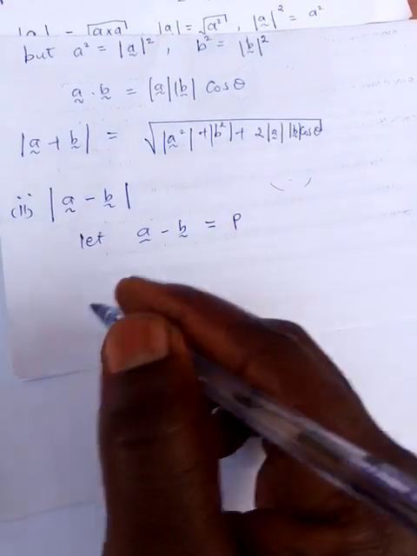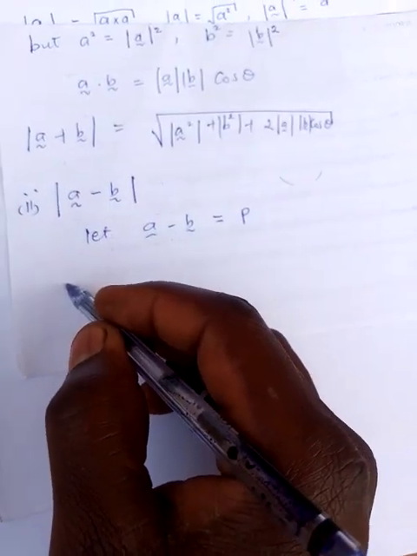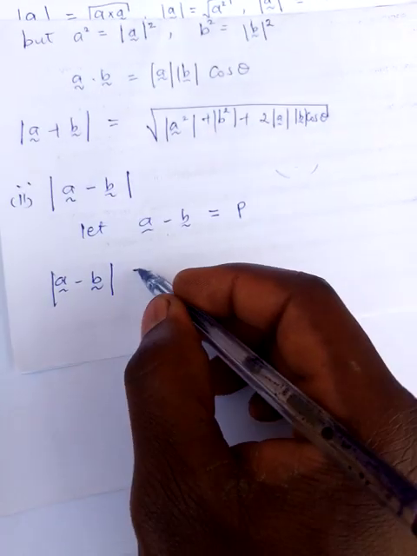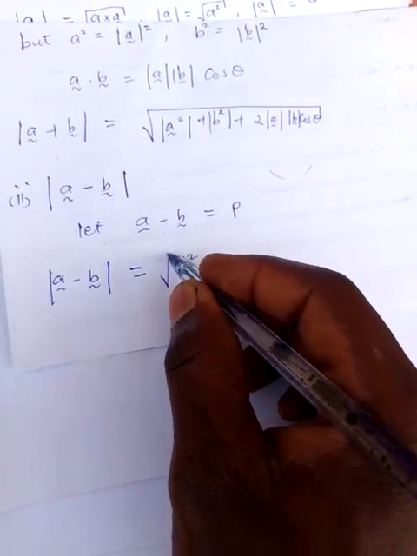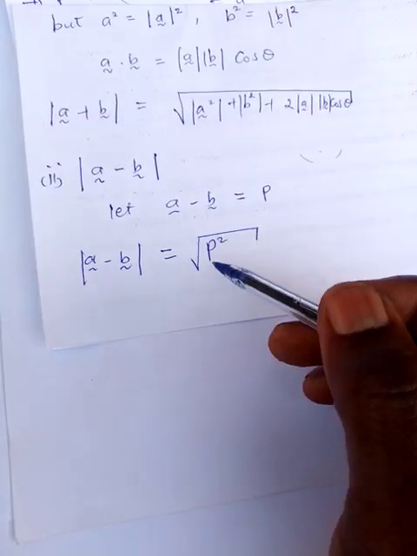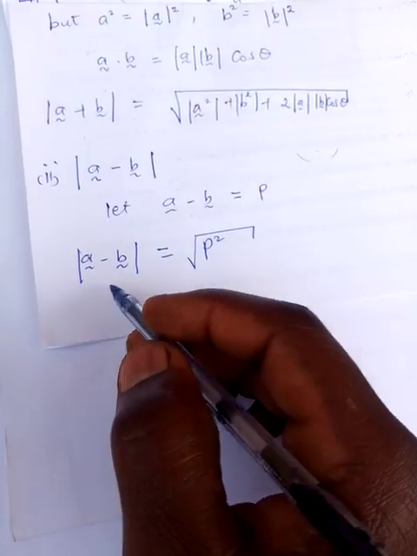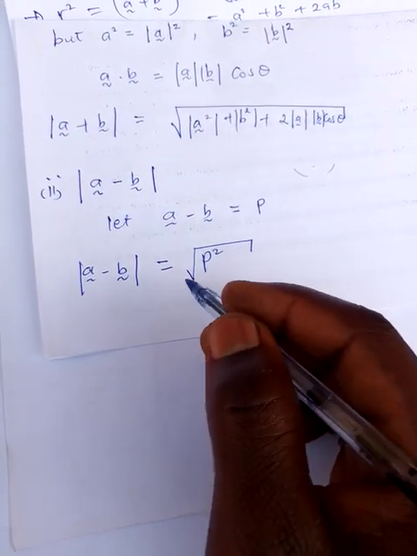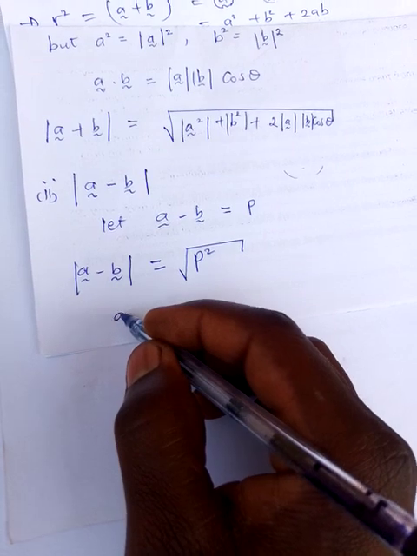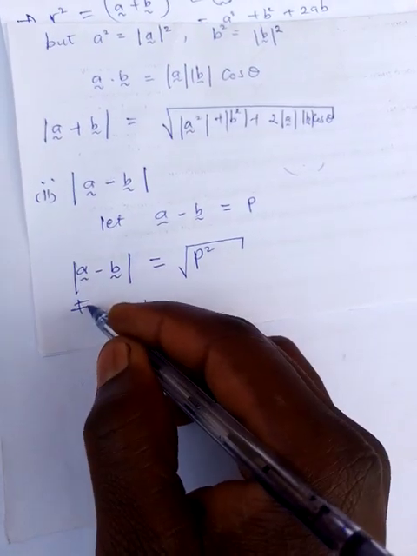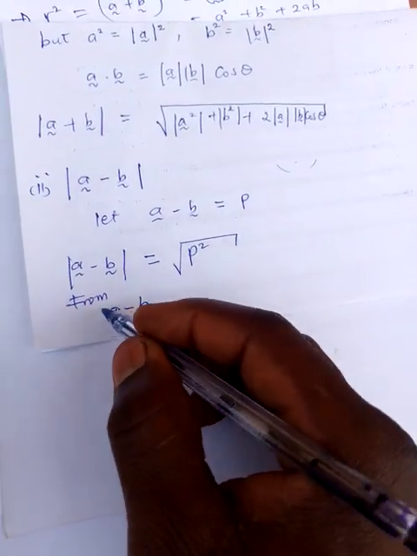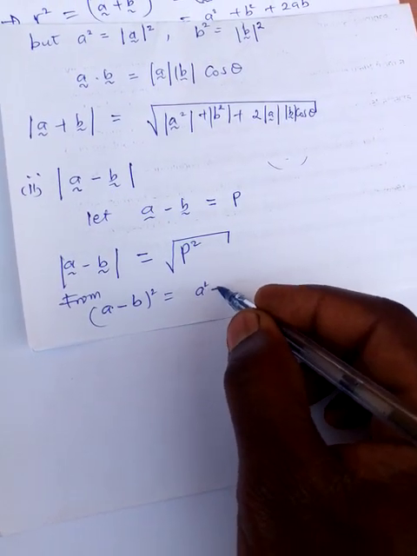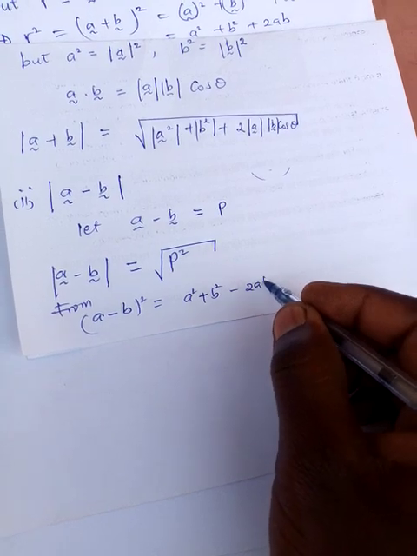That means p magnitude, a minus b magnitude, is the same as the square root of p squared. Now let us work out p squared. This one we shall get from the expansion of a minus b squared, which is the same as a squared plus b squared minus 2ab.